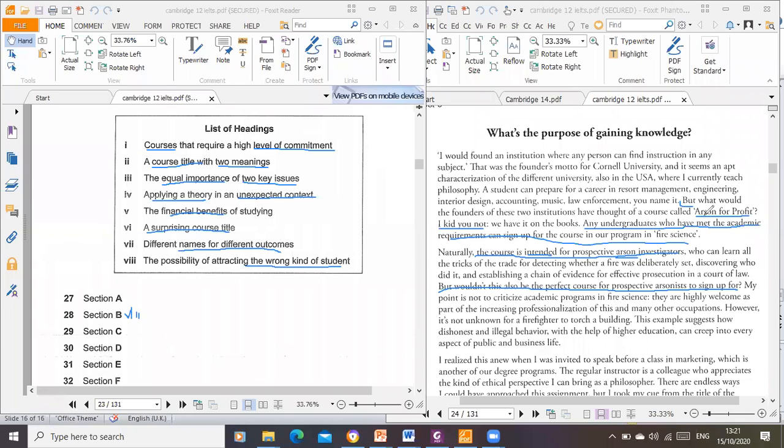Now, I'm already looking at this as a focus sentence. I kid you not, it is something you are not expecting. Out of these three, a course that requires high level, they didn't mention anything like this.